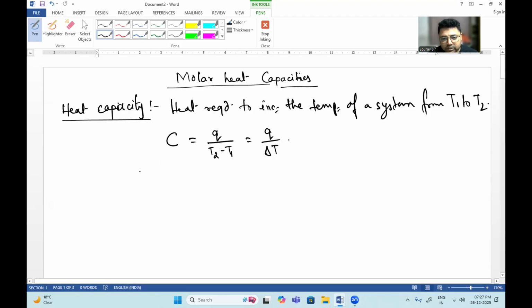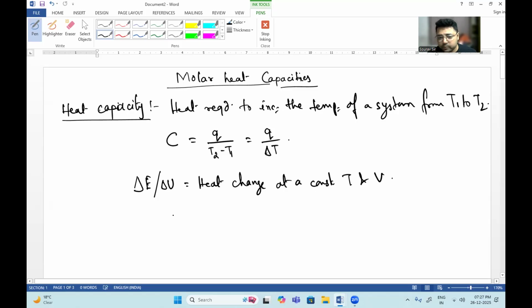At first, let us start with the change in internal energy, delta E or delta U. Delta E or delta U is the heat change at a constant temperature and volume, whereas delta H is the heat change at a constant temperature and pressure.